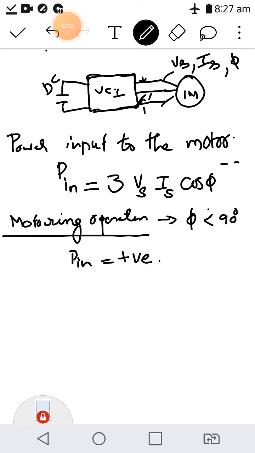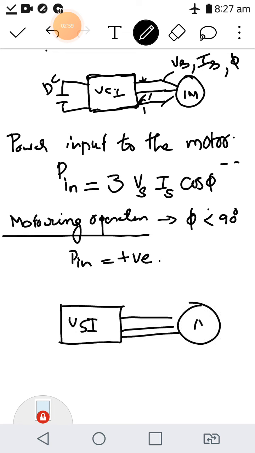What is the meaning of P in being positive? Power is always flowing from the VSI to the induction machine. This is the direction of power flow, from the source to the machine. That's the meaning of motoring operation.